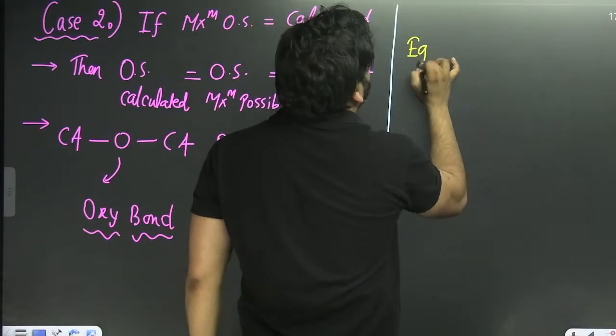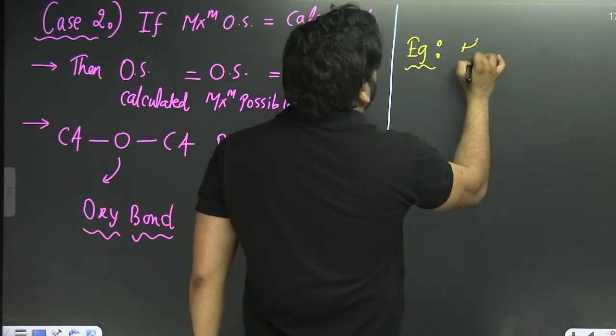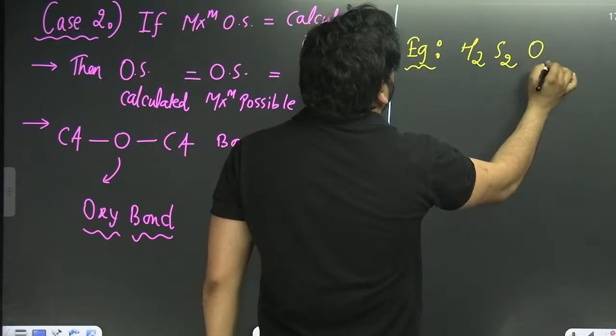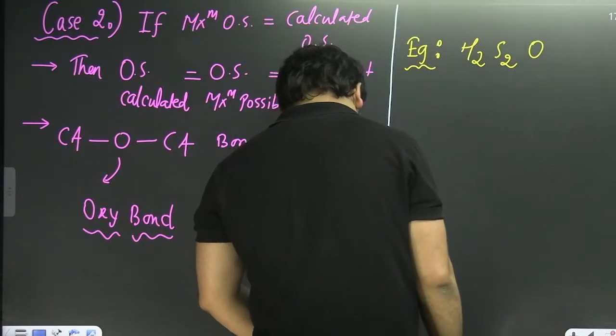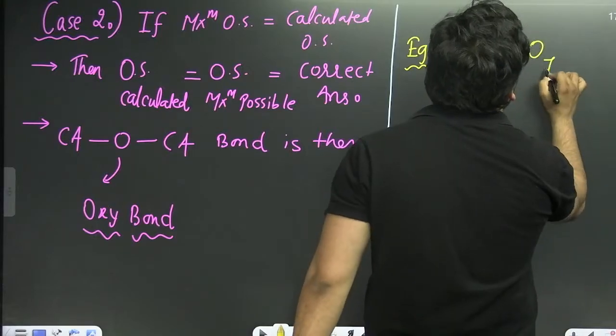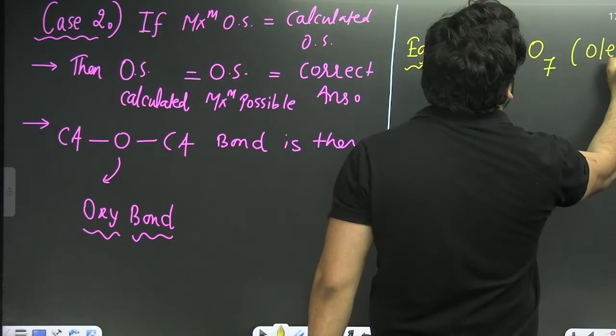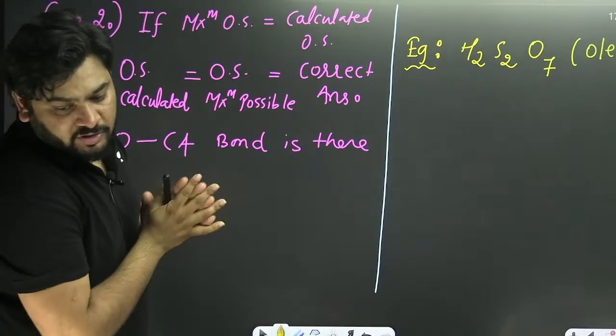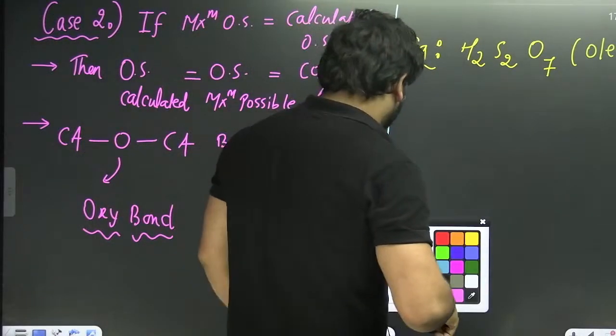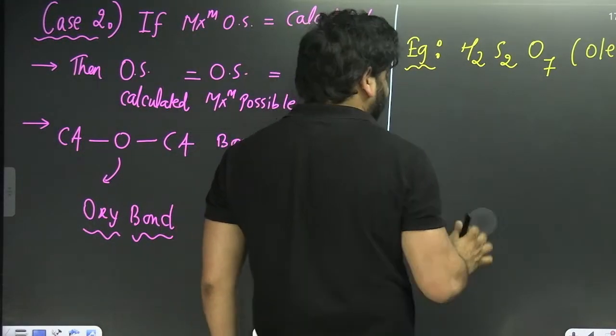The example is H2S2O7. The H2S2O7 molecule is called oleum. So the structure of oleum looks like this.